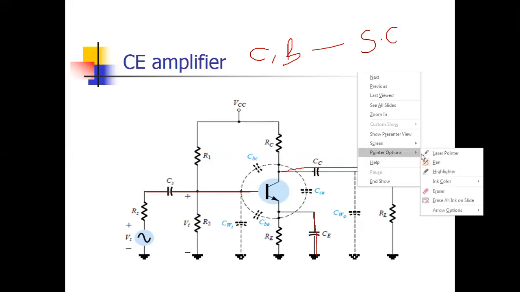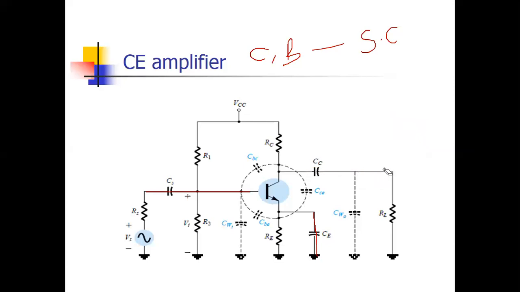Okay, if the capacitance is short circuit, then there is no issue of the gain here. Now you can understand that if it is short circuit, the effect of the resistance will not be there. So this is grounded. Now this blue color capacitor, forget for a minute. We will connect it afterwards.